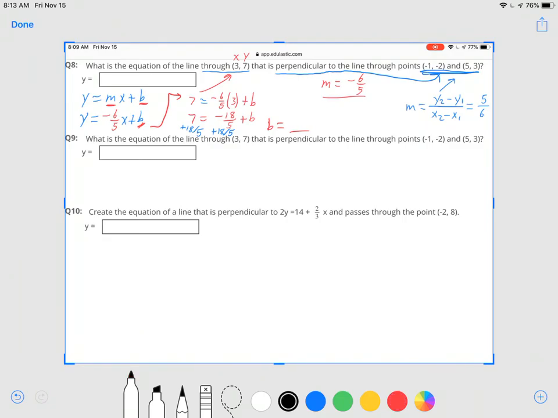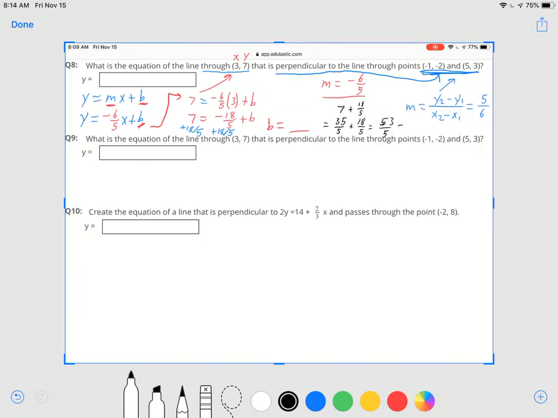So we basically have to add 7 plus 18/5. If I get them both in the same denominator, we have 35/5 plus 18/5, which is equal to 53/5.